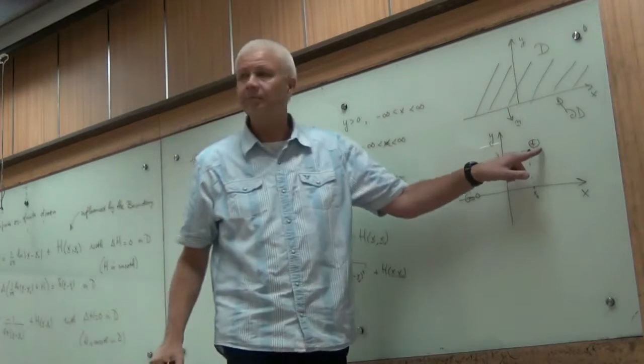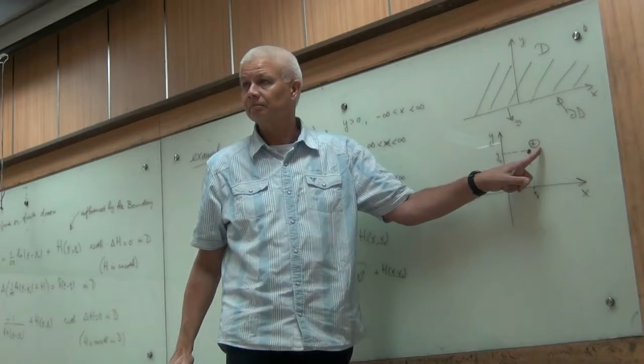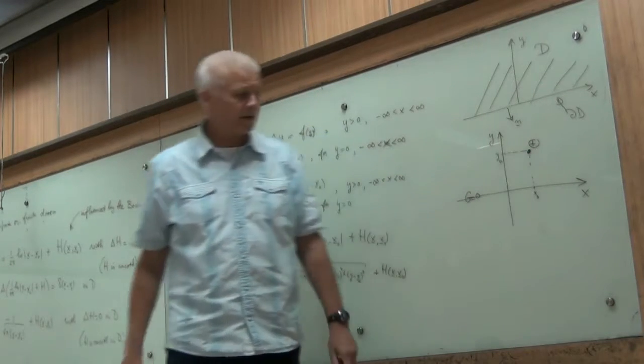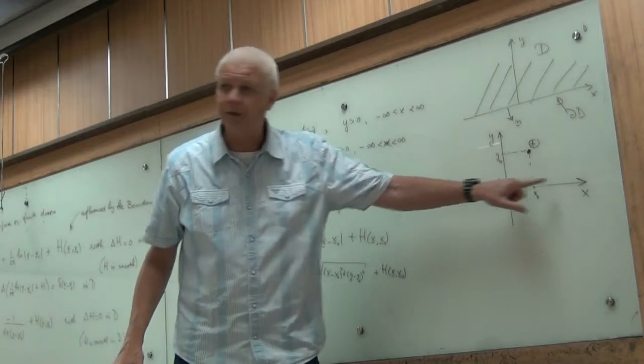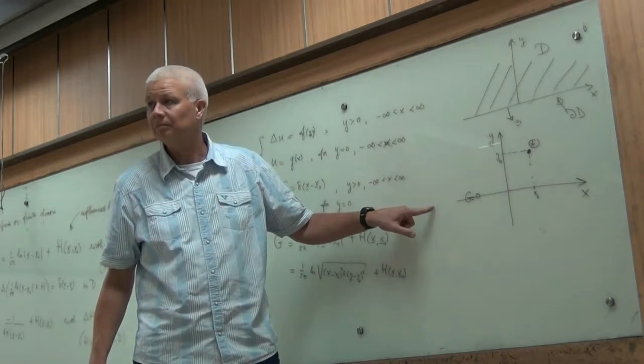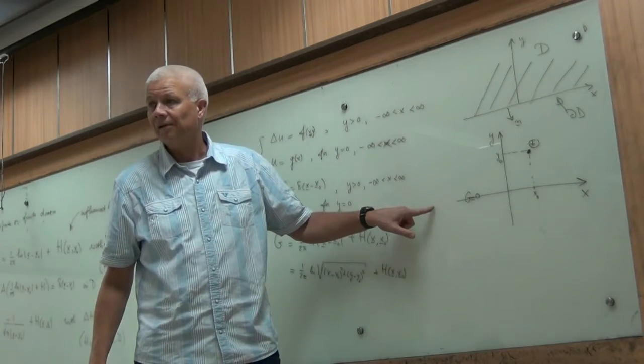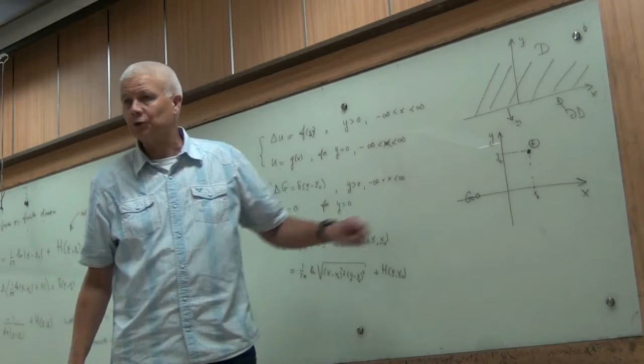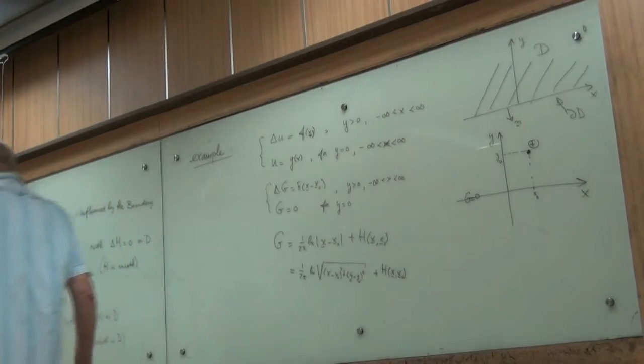So I have a positive charge over here. How can I make the potential over here 0? What should I do?